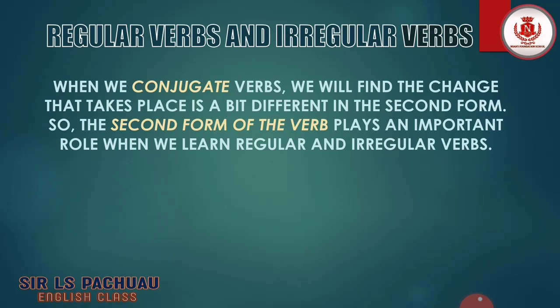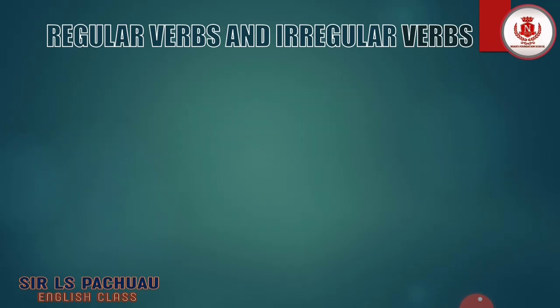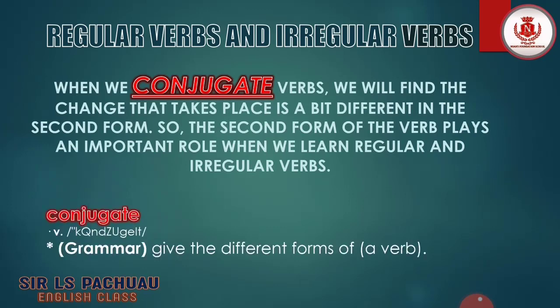This might be a bit new for you, but the word conjugate means give the different forms of what? A verb. This is the meaning taken from a dictionary. Right now also, when we learn these regular and irregular verbs, we are going to conjugate verbs. In the other lessons also we have conjugated verbs, but you did not know that we were conjugating verbs.